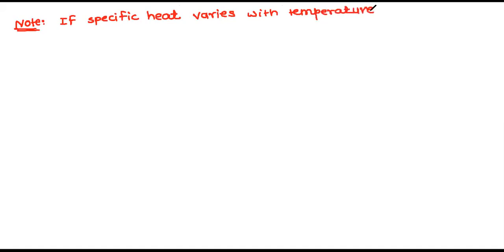If specific heat varies with temperature, then heat energy given to a substance is, how will we find it out?